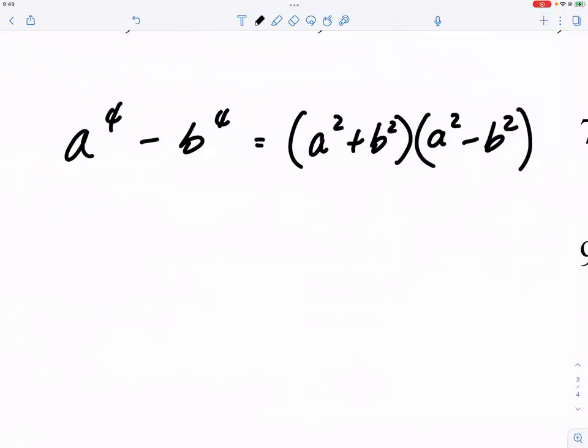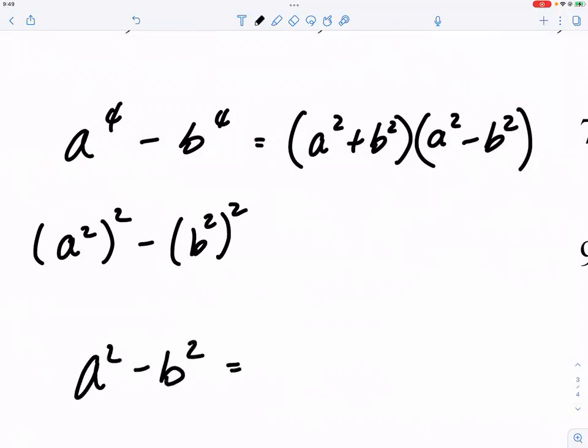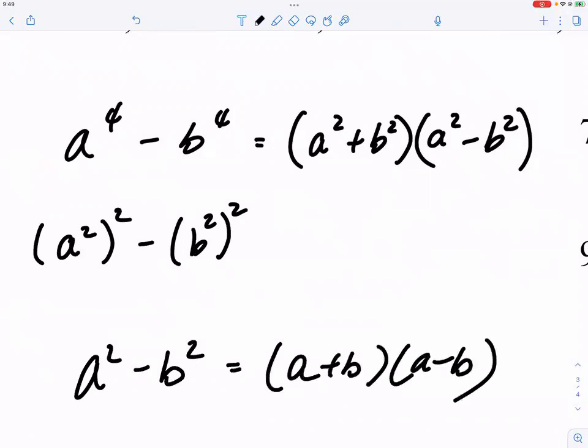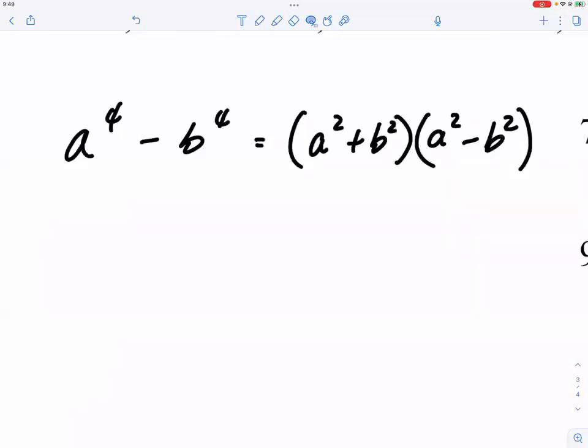In case you don't know, this is how you see it. So you learn about a squared minus b squared is equal to a plus b, a minus b, this kind of factoring. So whenever you see the power that's not a simple 2, then it's this kind of play. All right. So that's how we handle this kind of factoring.